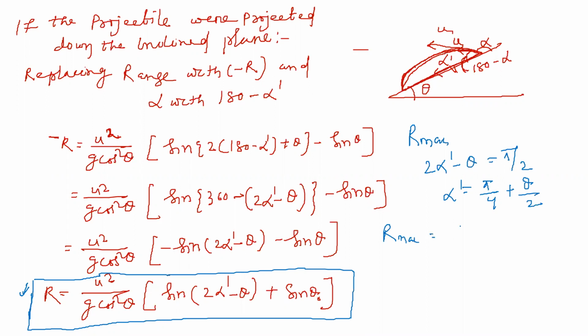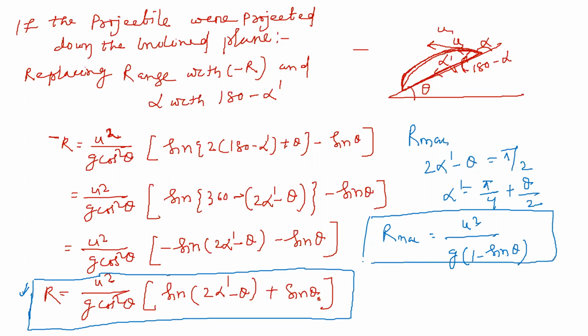R maximum is equal to u square by g into, by putting the values, we will get r max is equal to u square by g into 1 plus sine theta was there. Here it will be 1 minus sine theta, because plus theta by 2 is there. U square by g into 1 minus sine theta. Understood? This is going to be the r maximum in the second case. Correct?